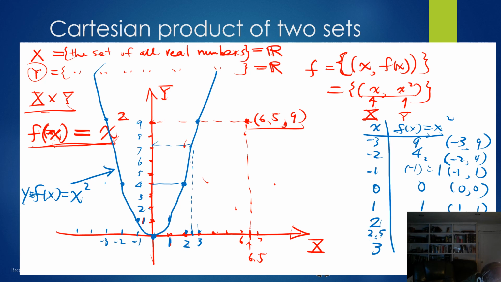It's approximately 7 point something. Let's say 7. It's not 7, but it's close to 7. So that's the corresponding ordered pair. This is a function, which is defined as a subset of the Cartesian product of X and Y.